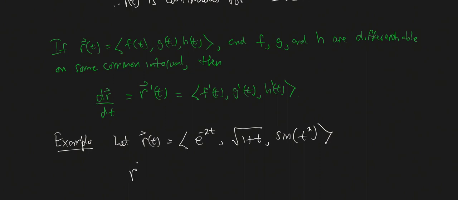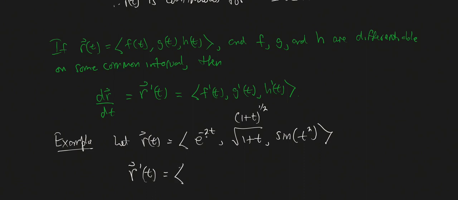So let's write down the first derivative of this vector function. So in all three cases, we are going to have to use the chain rule, right? Because they all represent some kind of composite. For the middle component, as usual, we will think of it as 1 plus t to the 1/2, right? All the other composites are pretty clearly written.